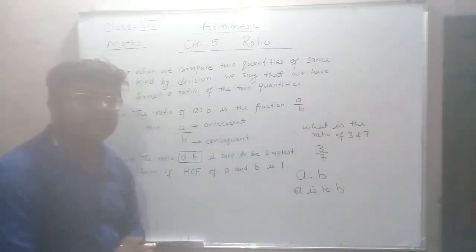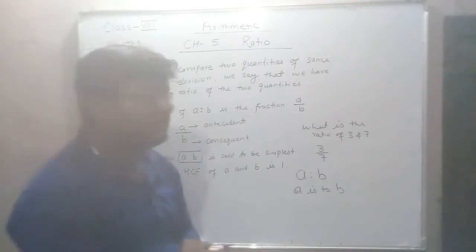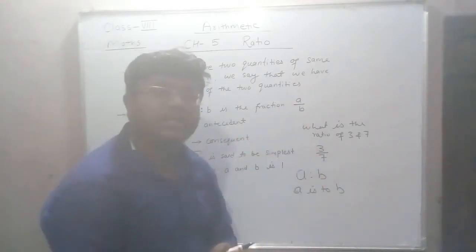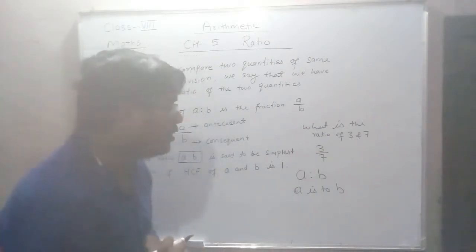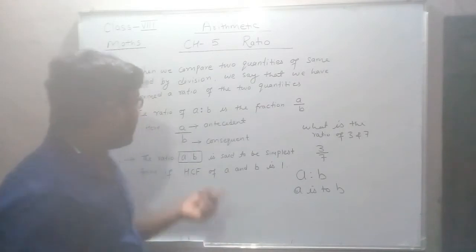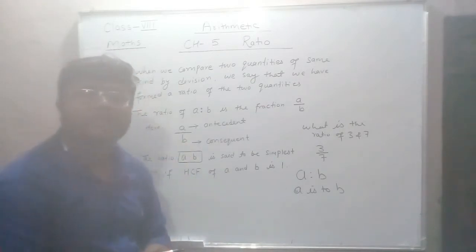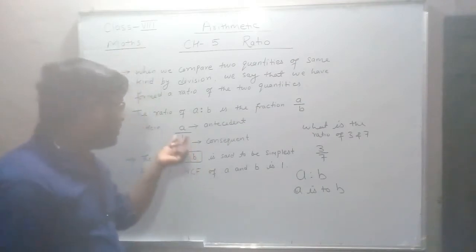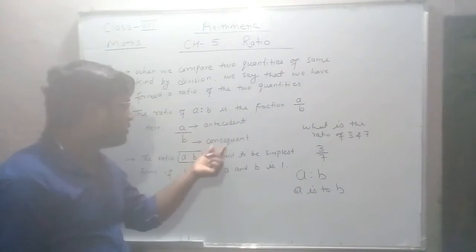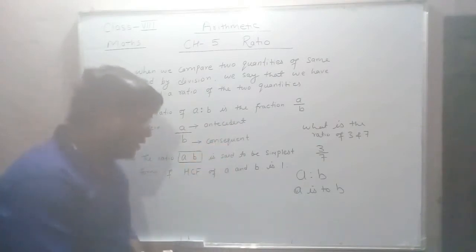In a fraction, A is the numerator and B is the denominator. But in terms of ratio, we call the numerator the antecedent and the denominator the consequent. Is it clear?